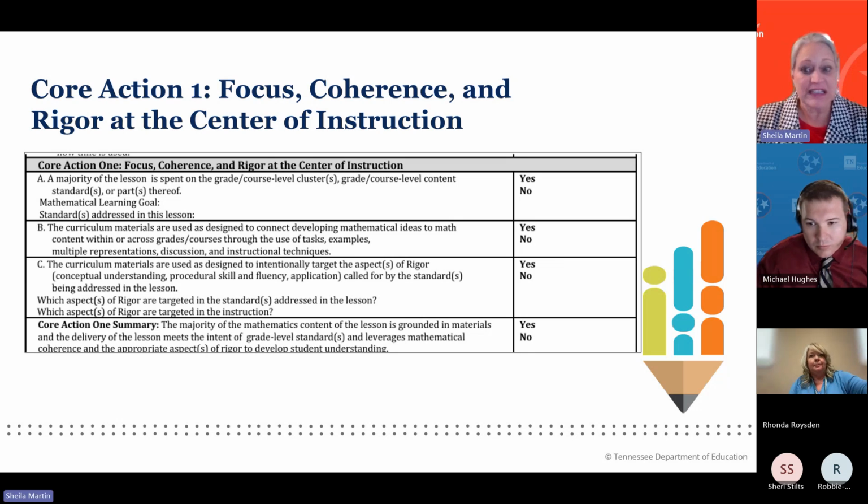A common misstep is that just having the materials out is not an automatic yes for core action 1. Instead, consideration should be given to how the materials are being leveraged as designed to connect mathematical ideas and address the appropriate aspect of rigor called for by the standards, whether it's conceptual understanding or application. For this reason, it should be difficult to rate core action 1 without properly reviewing your HQIM to develop an understanding of what as designed means for the particular lesson.